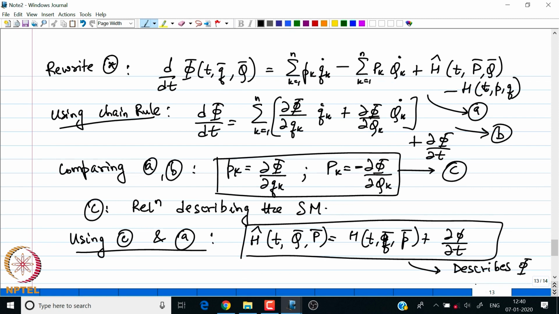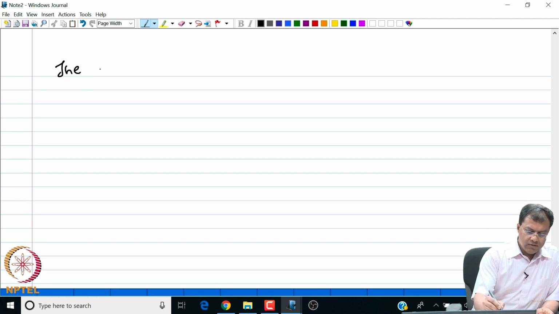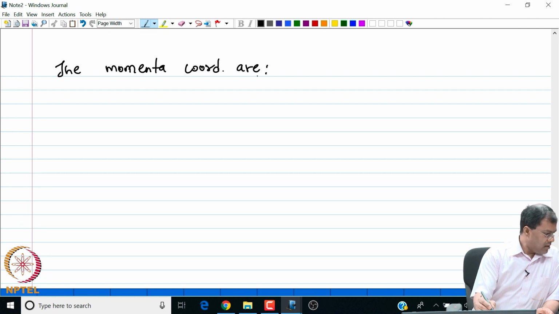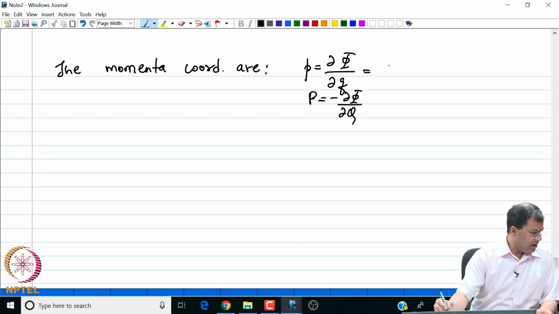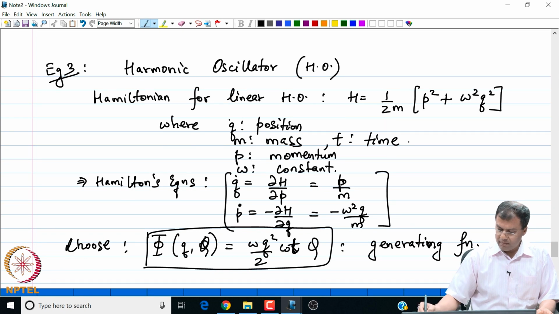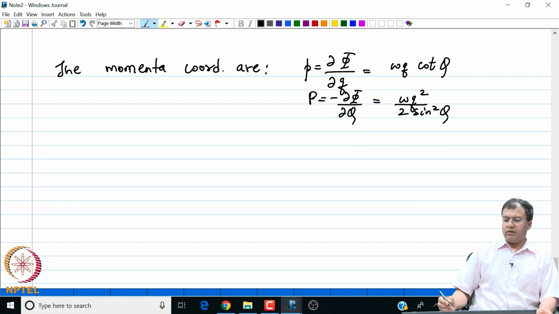Note that the moment I have the generating function, I can describe my momenta variables, small p and capital P. The generalized momenta coordinates are p, which is equal to partial phi partial q, and my capital P is minus partial phi partial capital Q. From the above I get that partial phi partial q is omega q cot capital Q via this relation that we have assumed, and from the second one I get that this is also equal to omega q square by 2 sine square Q, or 1 by sine square Q, or cosecant square Q.